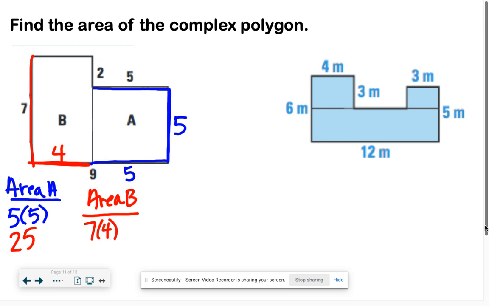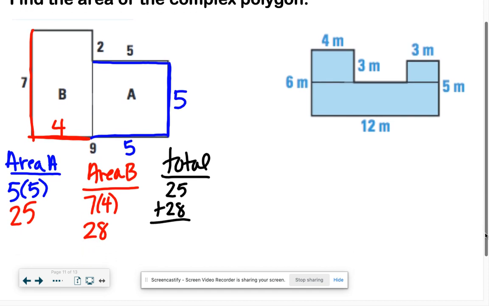So 7 times 4 is 28. So now our total, we just add them together. 25 plus 28 gives us 53.